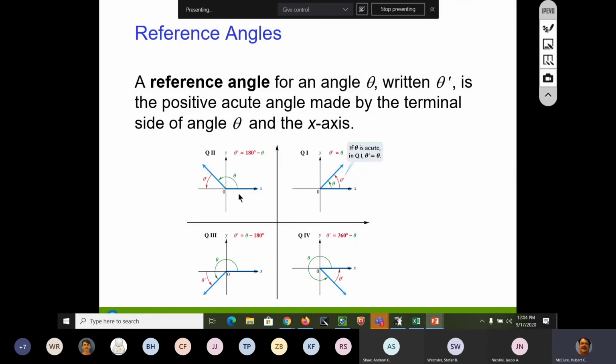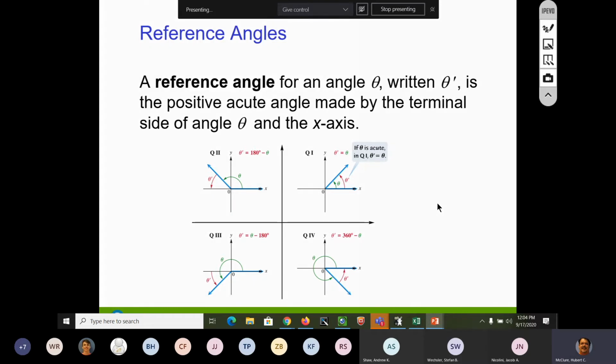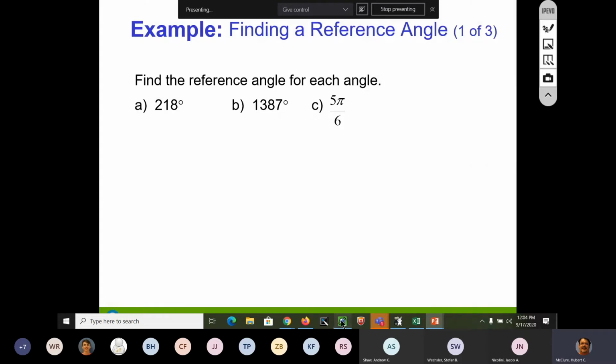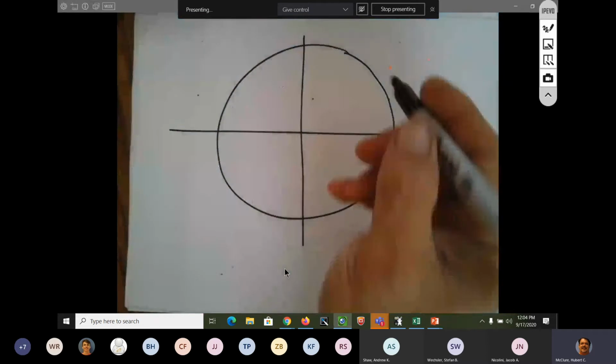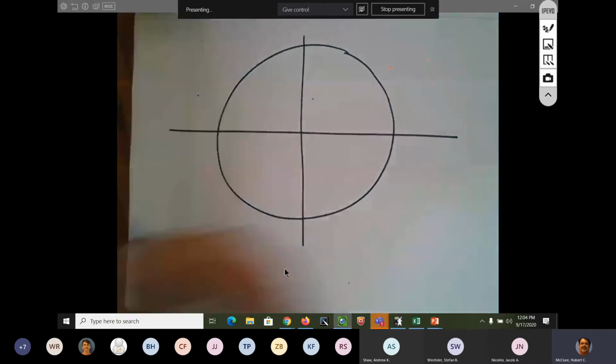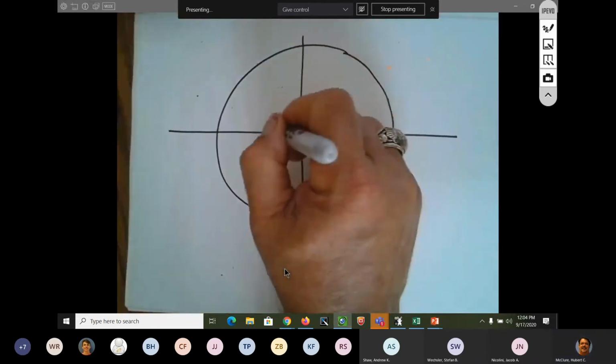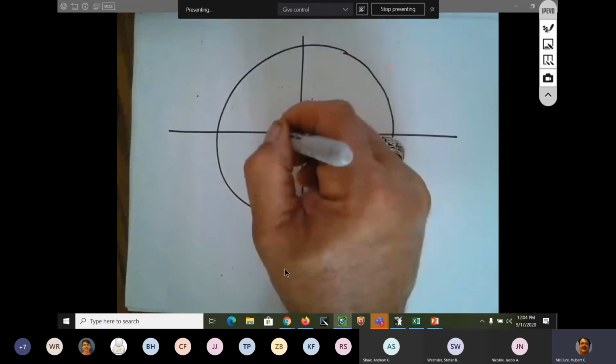In the real world, it's the other way around. So 218 degrees would be a left-handed angle. There's 180, and 218 would be right in here somewhere.